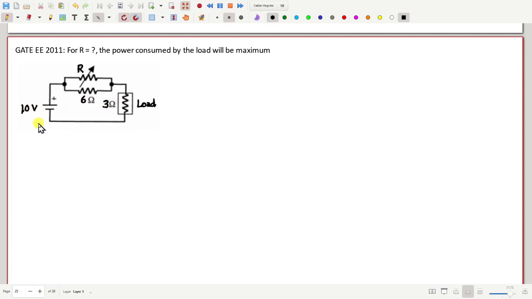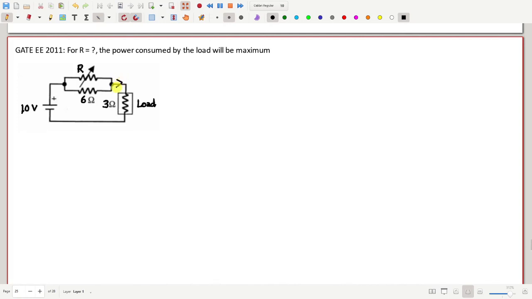This is the last question today. So what should be the value of R for maximum load power? Sir, 6. Sir, 0. Excellent.